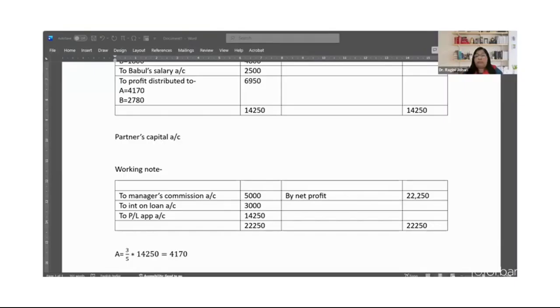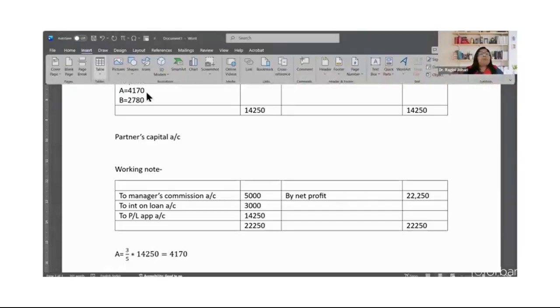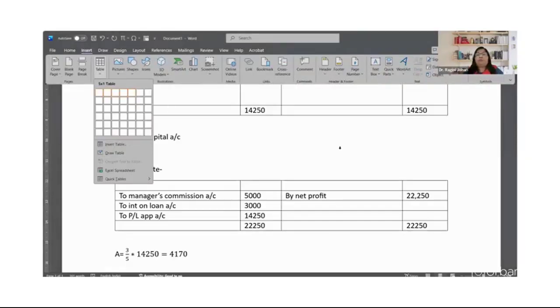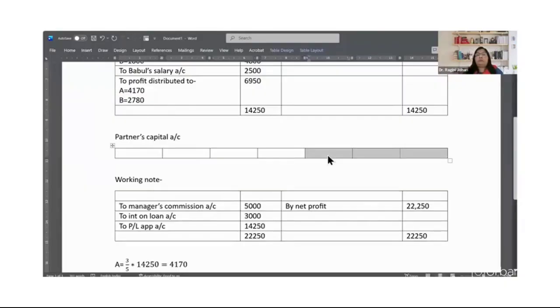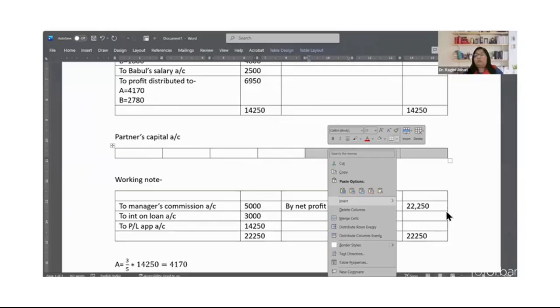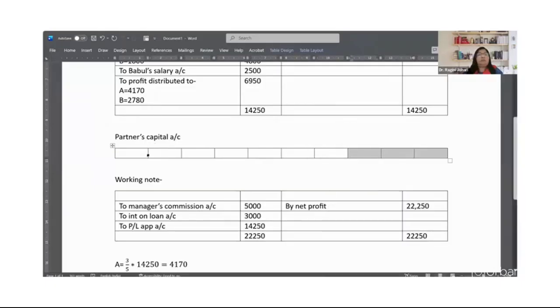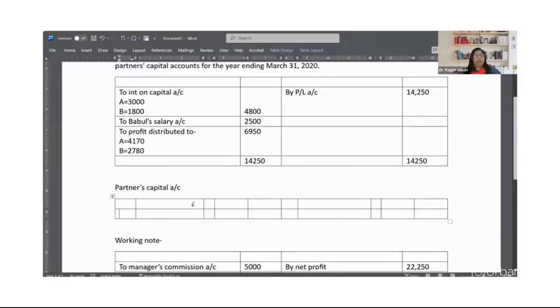Let us draw the format very quickly. So we are here with the partners capital account format, right? This is it.